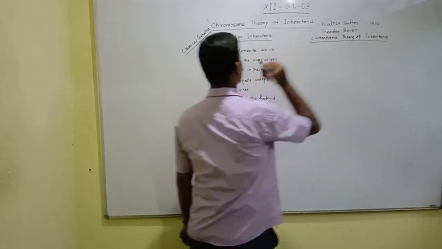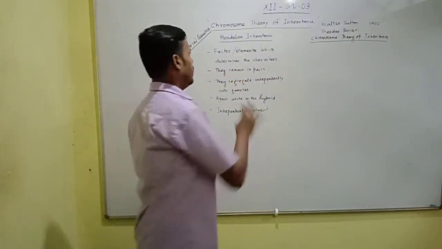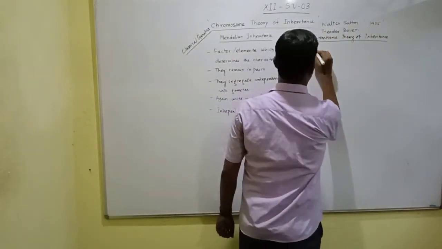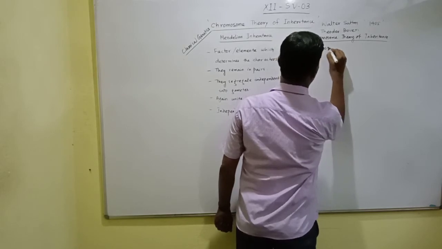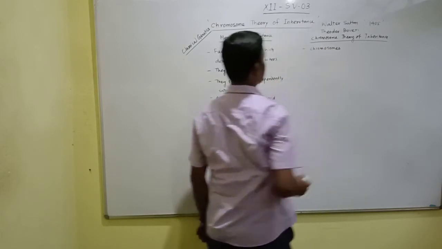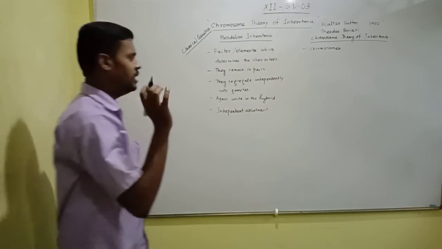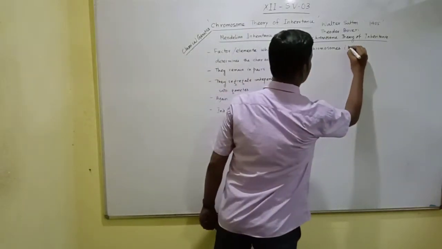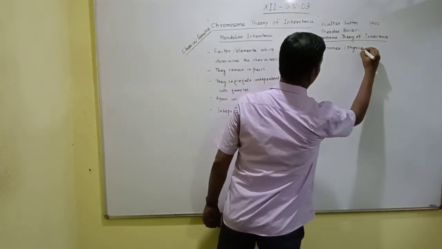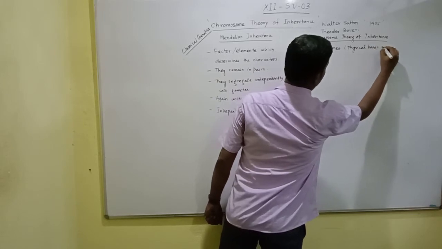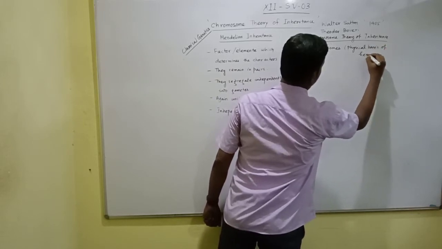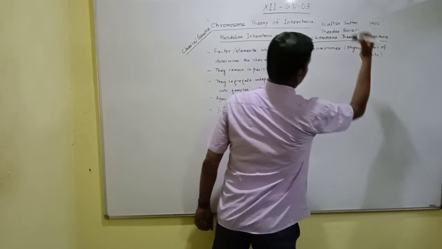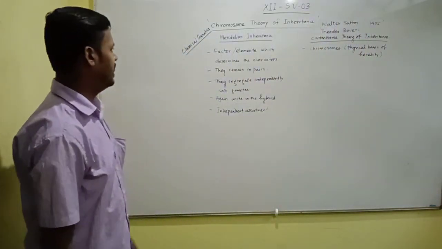So what is this? First, there is no factor, rather chromosomes. The chromosomes occur in pairs and they determine the characters. It is called the physical basis of heredity.